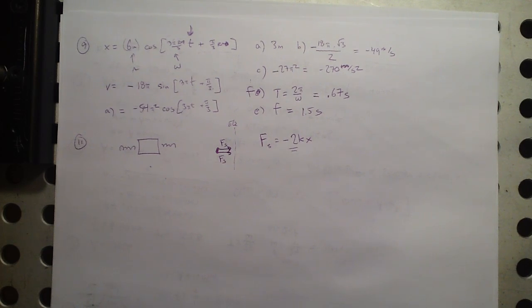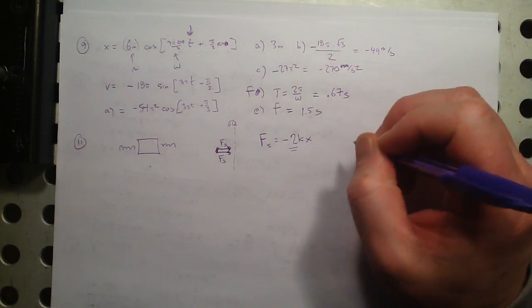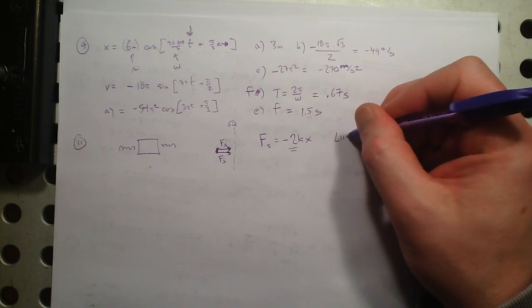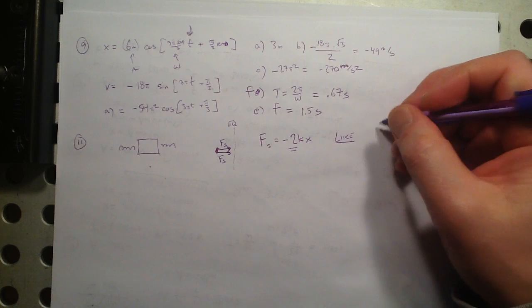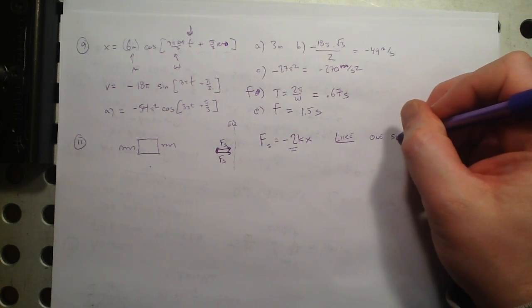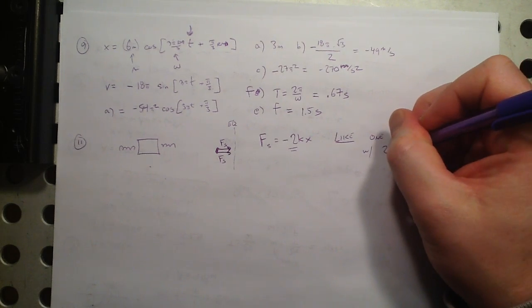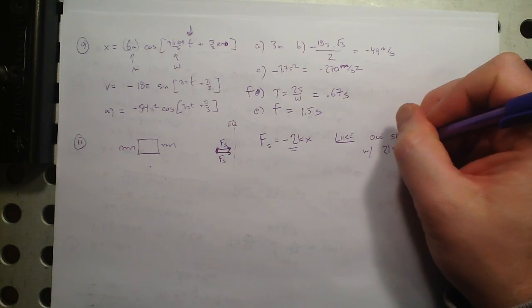We have Fs equals kx from each one of the springs. Once we know that, I think everything falls into place. To say one more thing about that, this is like having one spring with a spring constant of 2k.